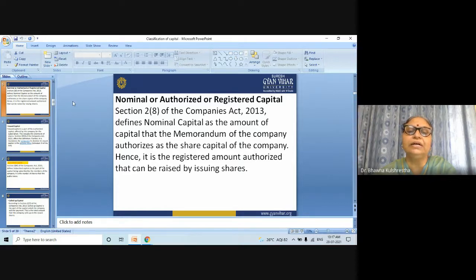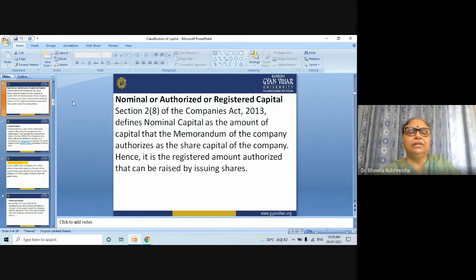Hence, it is the registered amount authorized that can be raised by issuing shares. The company also pays stamp duty on this amount. Typically, you can calculate nominal capital by taking into consideration the working and reserve capital needs of the company.